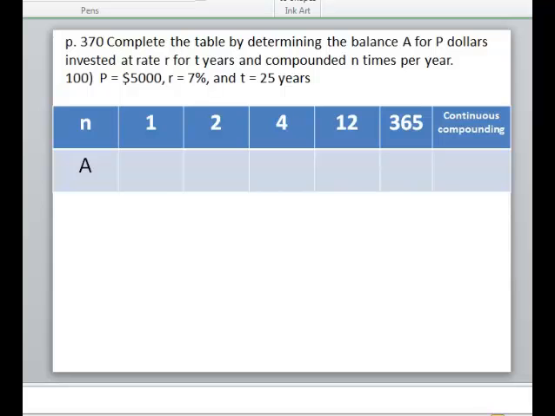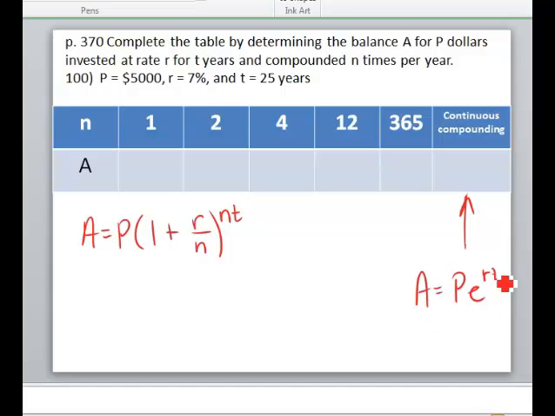So we're going to use the two formulas. A equals P times 1 plus r over n to the nt. The other one, and that's only for this part, is A equals P e to the rt.